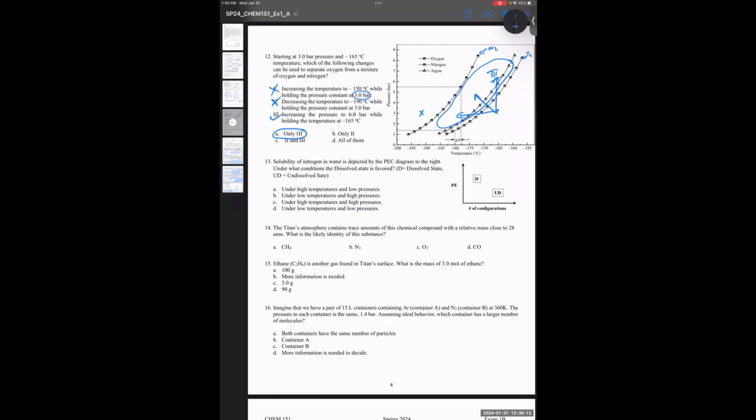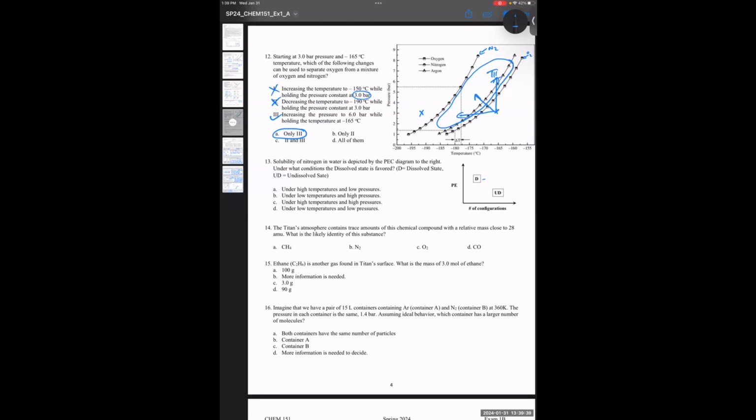All right, solubility of nitrogen in water is depicted by the PT diagram to the right. Under what conditions is the dissolved state favored? So if you want to favor the dissolved state, you need to have a higher temperature. Why is that? Because high temperatures favor the state with high potential energy.